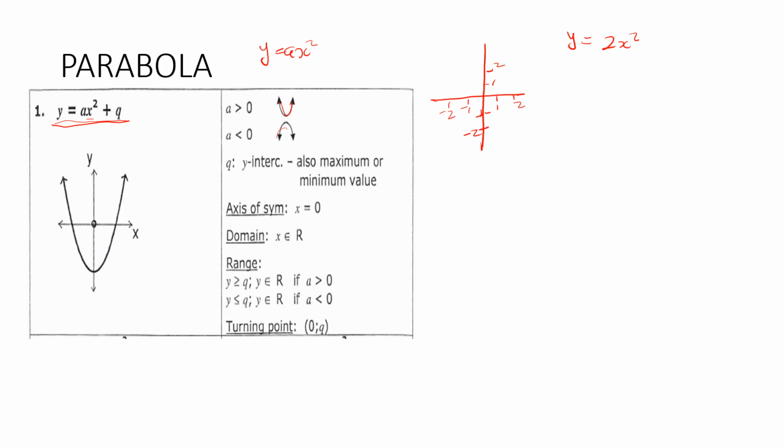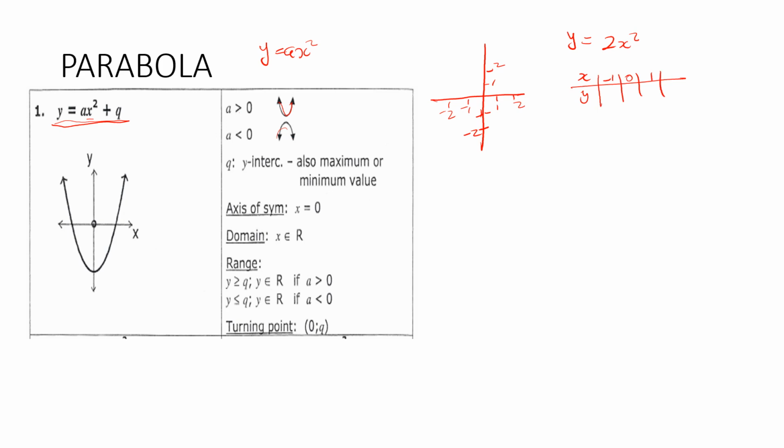If we need to plot this graph, we'll use the table method, having x and y, and then we can have three values: 0, minus 1 and 1. Then we'll get the output.